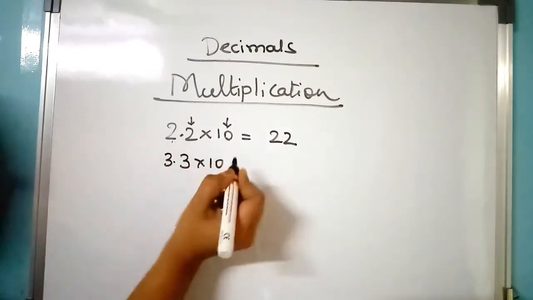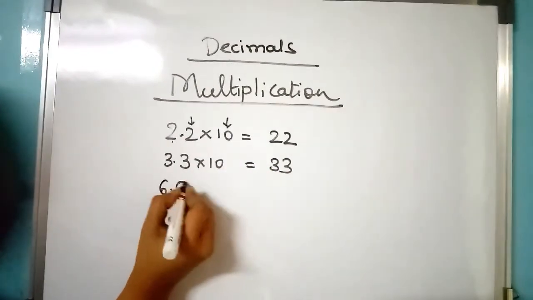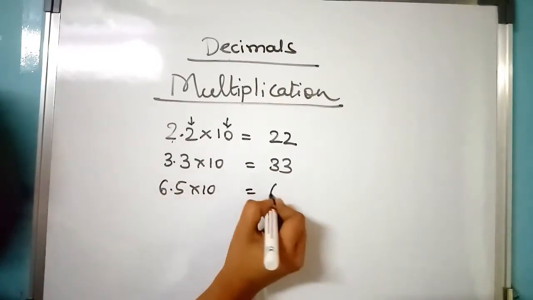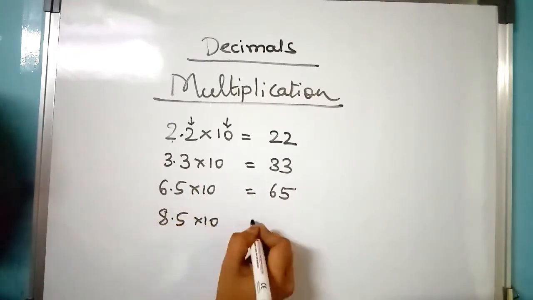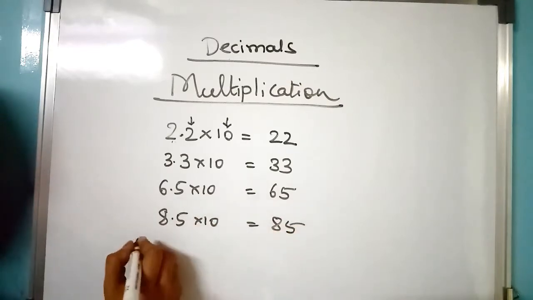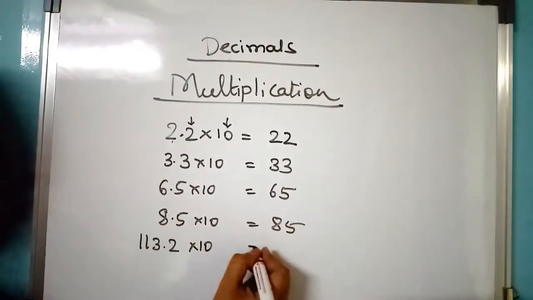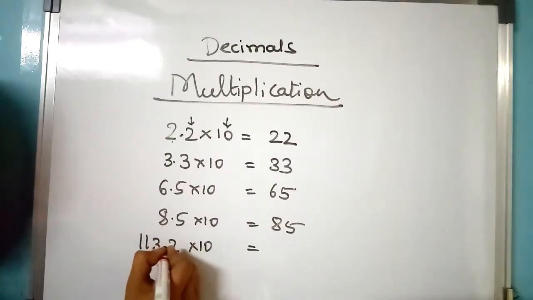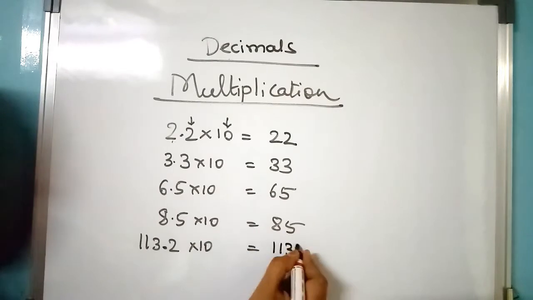3.3 into 10 is equal to 33. 6.5 into 10 is equal to 65. 8.5 into 10 is equal to 85. 113.2 into 10. So just one place after decimal, you have to shift to the left. 1132.